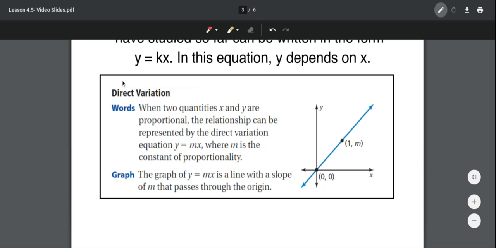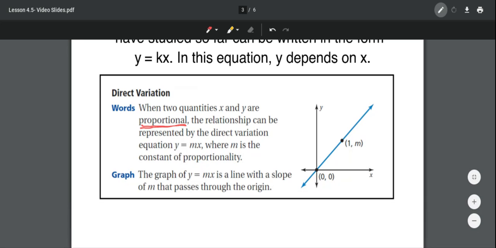If we had to describe direct variation in words, we can say that when two quantities, x and y, are proportional, the relationship can be represented by the direct variation equation y is equal to mx, where m is the constant of proportionality.